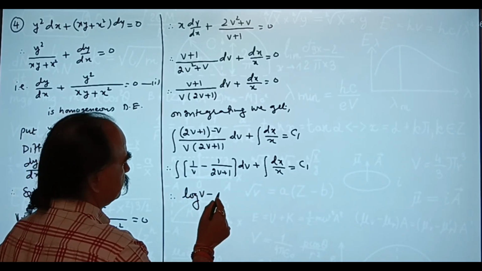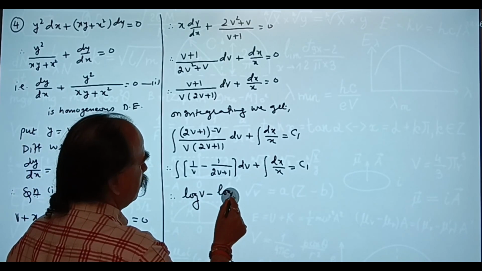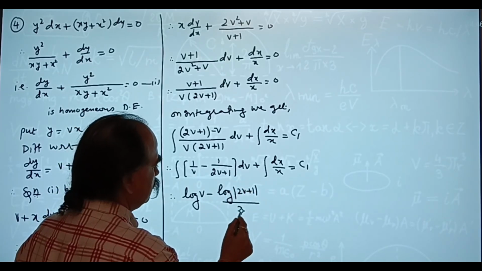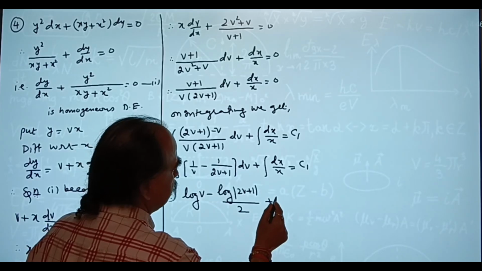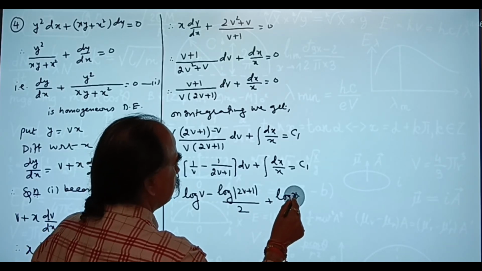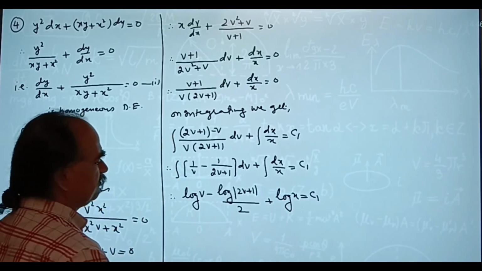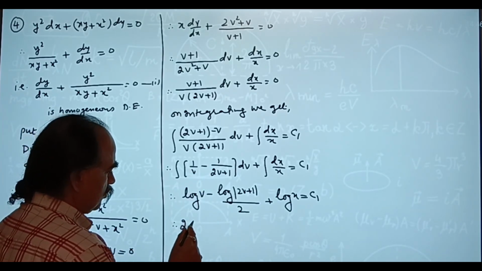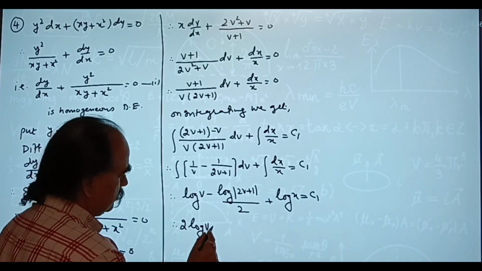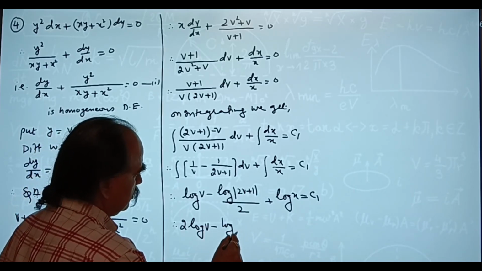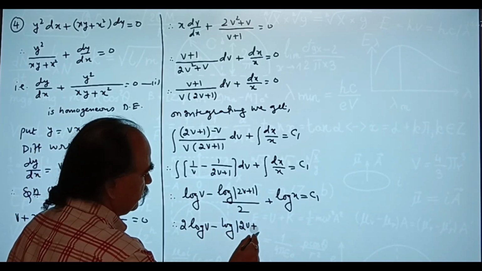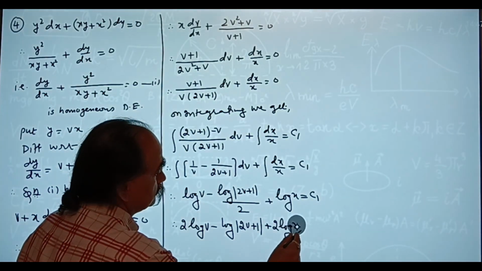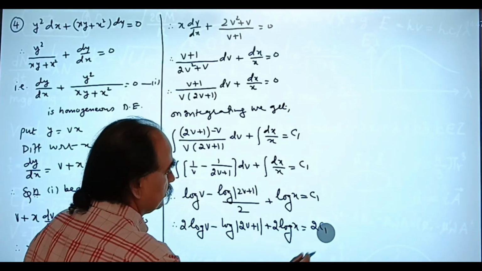Log v minus log 2v plus 1 divided by 2 plus log x is equal to c1. Multiply through it by 2. So 2 log v minus log 2v plus 1 plus 2 log x is equal to 2c1.